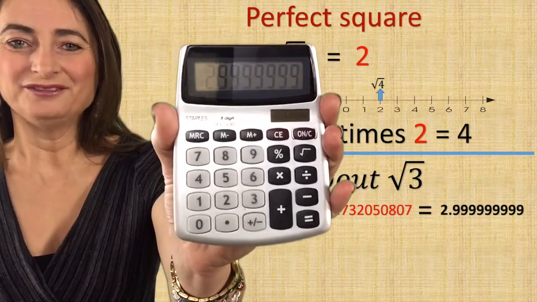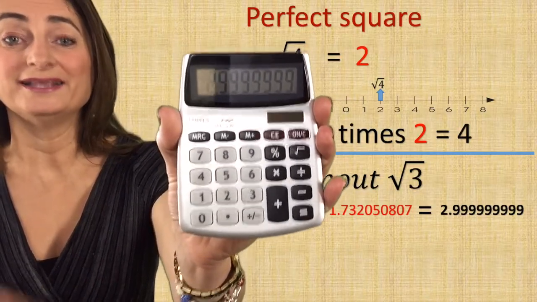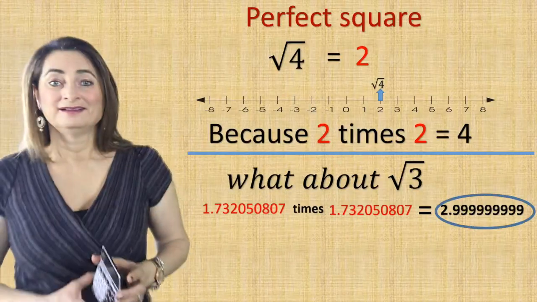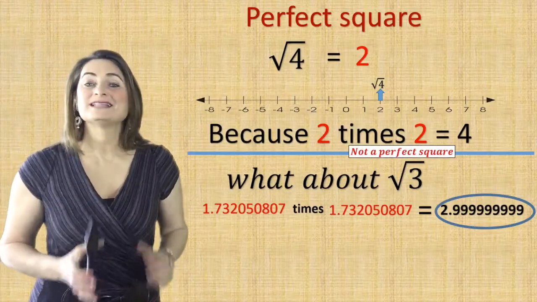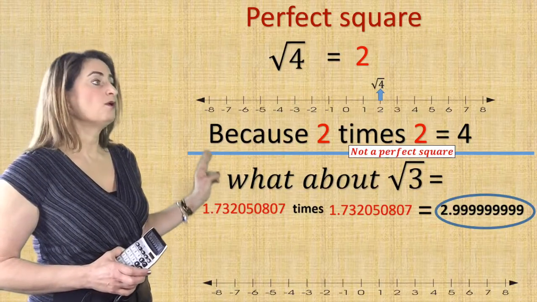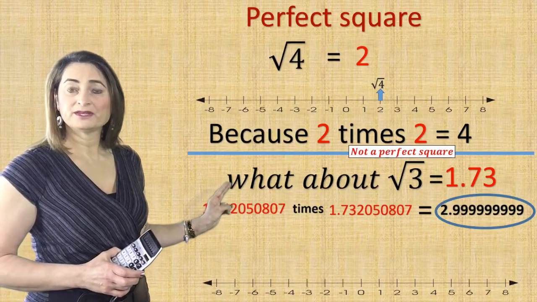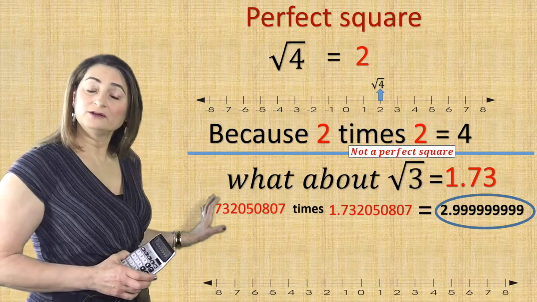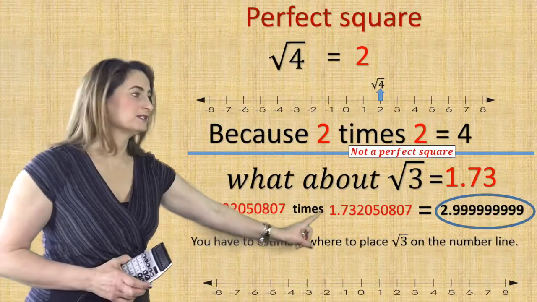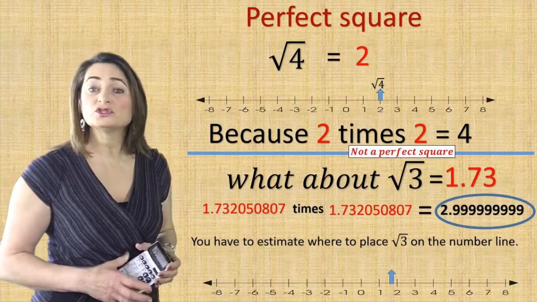Watch how it gave you 2.99999. It didn't give you 3. Why is that? Because 3 is not a perfect square. So the square root of 3 equals about 1.73. To estimate where you would put the square root of 3 on the number line, you have to estimate between 1 and 2, but it's closer to 2.